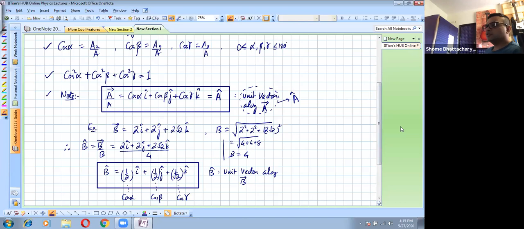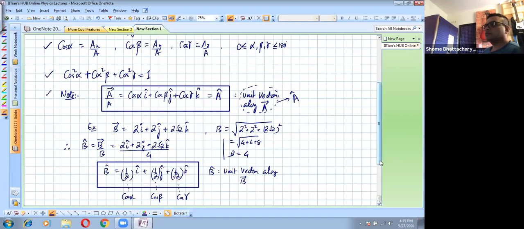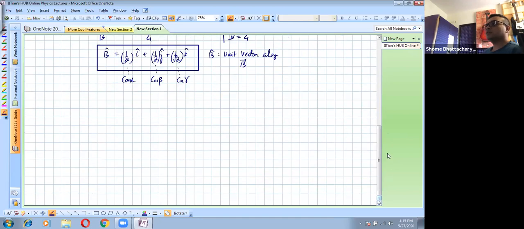Right, so let's continue further with this now. So this is what we mean by the unit vector of one vector.